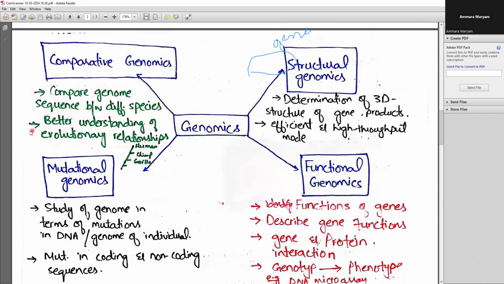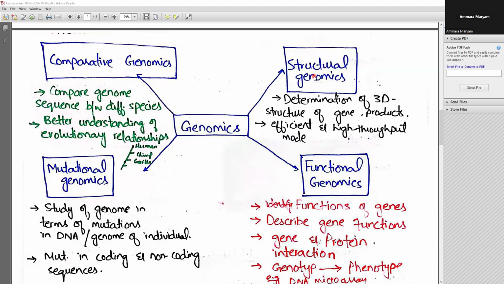Now genomics is basically classified into four disciplines: structural genomics, functional genomics, comparative genomics, and mutational genomics.